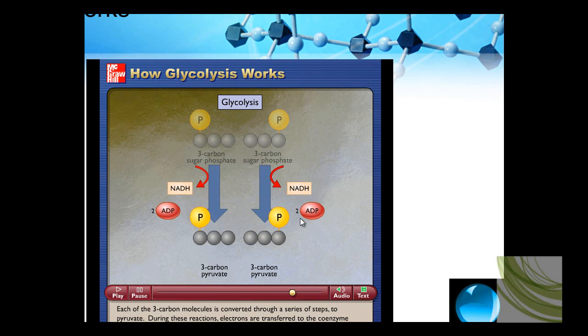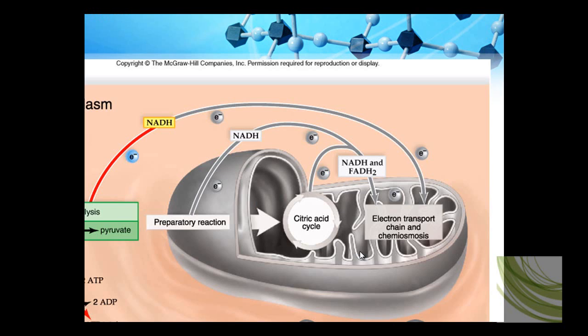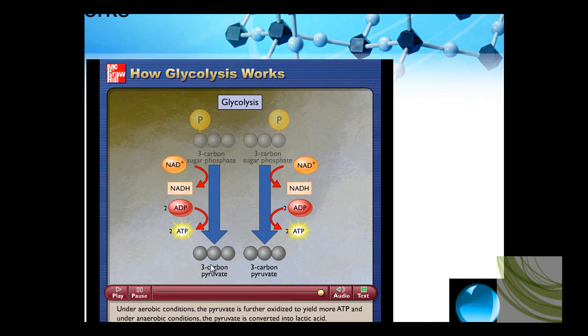But through substrate level phosphorylation, we are going to make 4 ATP, 2 on this side and 2 on this side. And remember, we spent 2 up at the top, so it cost us 2, we made 4, which means we had a profit or net gain of ATP from glycolysis of 2. Okay? And at the very end, we get this pyruvate.